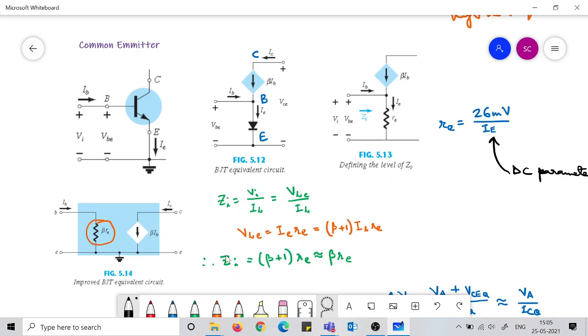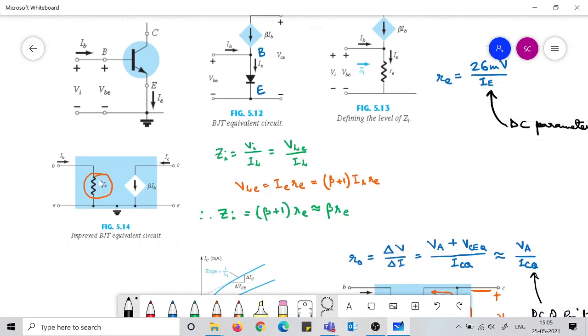Here we have shown that analysis again, that the emitter resistance is reflected to the input side scaled up by a factor of beta plus 1 actually, but in approximation we can make it beta. And re can be very easily calculated if we get the IE current.